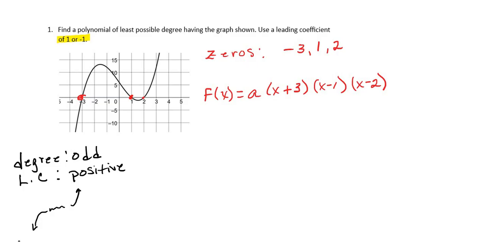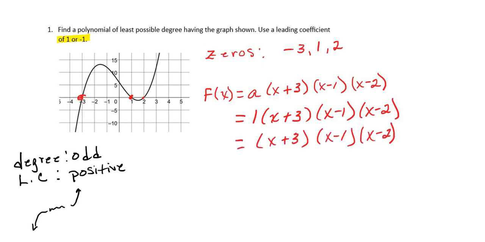So my leading coefficient in this particular problem has to be positive. So in this case, it's positive 1. And I don't really need the 1 there, so I can write my final answer like this. And you can always put this equation into your calculator and graph it to see if it matches with the graph that you're given in the beginning of the problem.